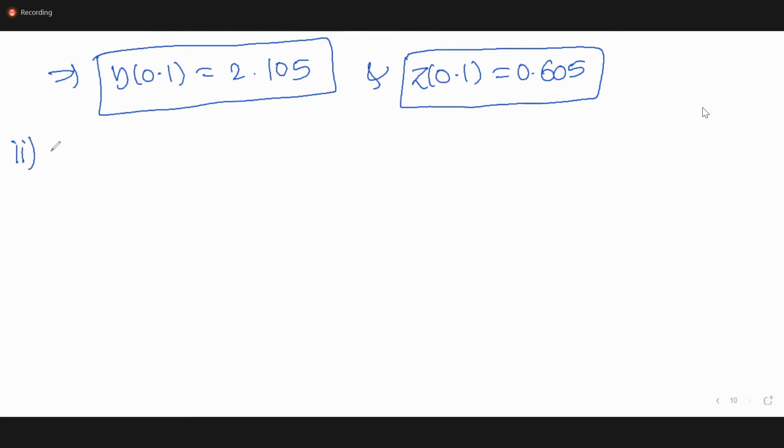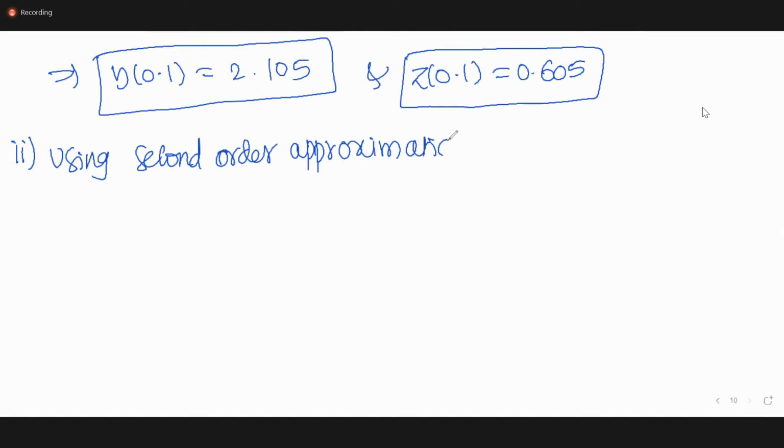Next, using second order approximations, Y2 and Z2. Sir, they asked only till x is equal to 0.1, no, sir.